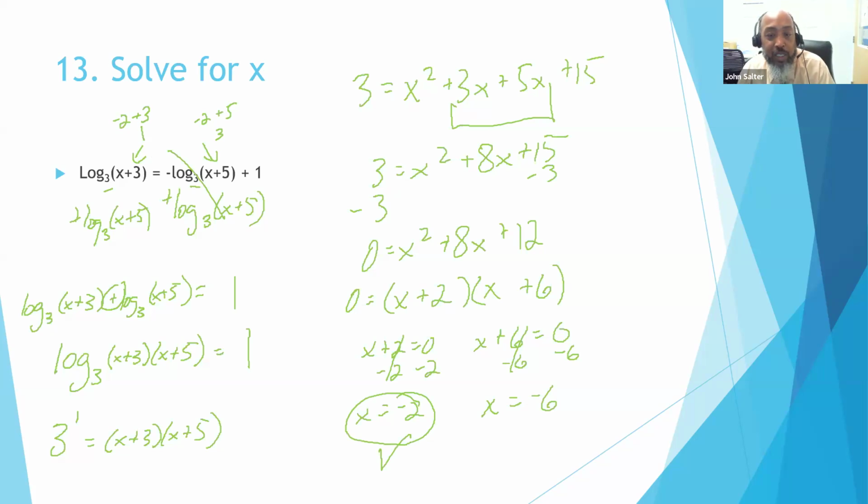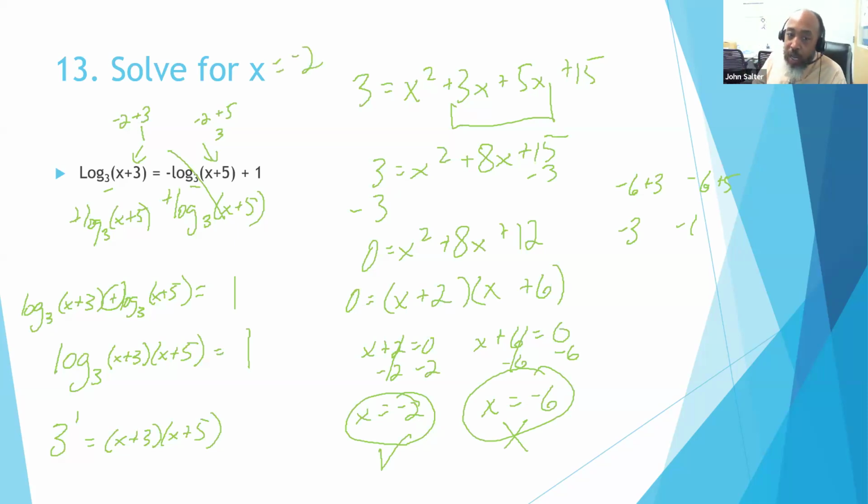If I plug a -6 in, I get -6 plus 3 and -6 plus 5. -6 plus 3 is -3. -6 plus 5 is -1. I can't have negative arguments, so this answer does not work. The only one that works here is x equals -2. So what's my solve for x? X is equal to -2. A lot of work, but it's all stuff we're familiar with.